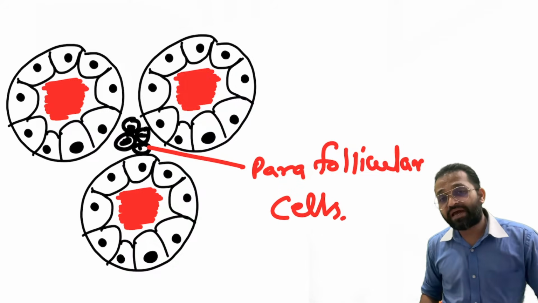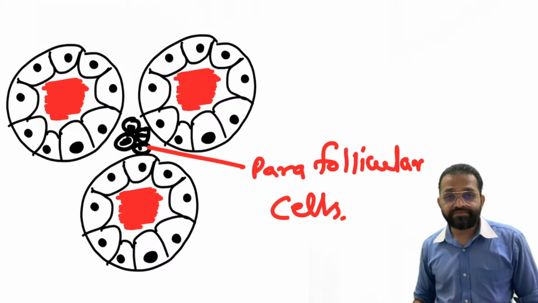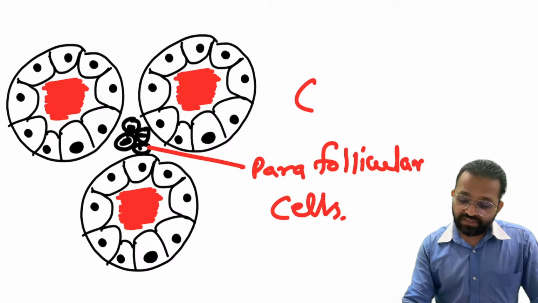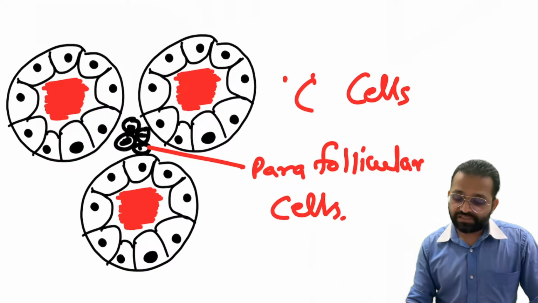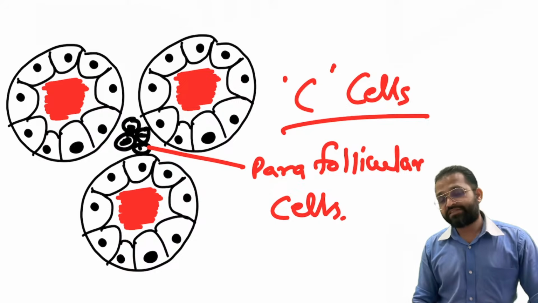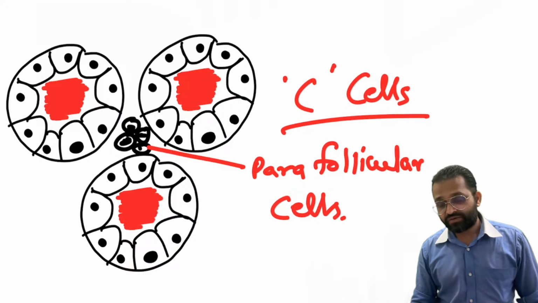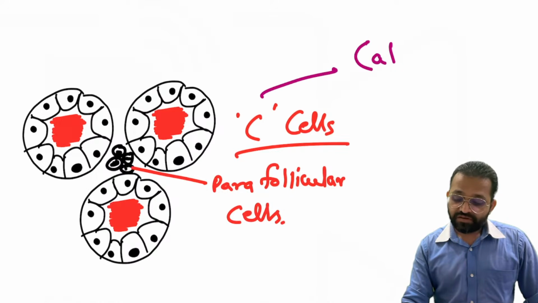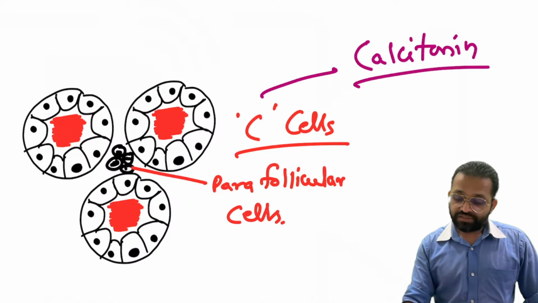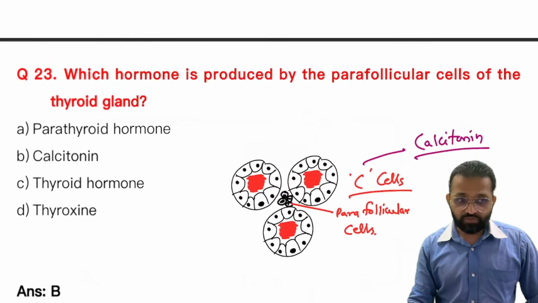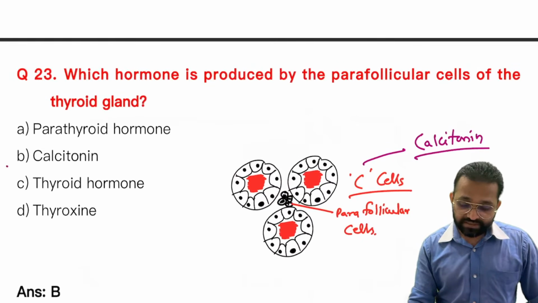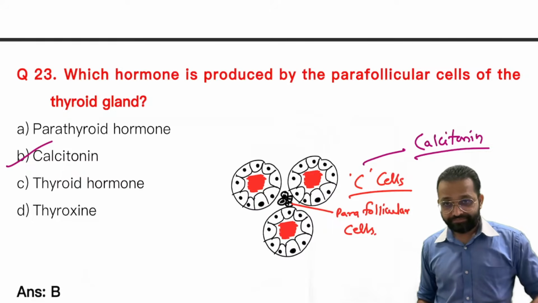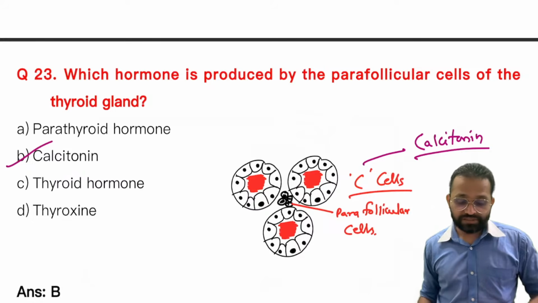These are also known as the C cells of the thyroid gland. Are you getting the name? C for calcitonin. So these are secreting the calcitonin hormone. Answer is calcitonin. Done? Okay, Sakshi. Now come to the next.